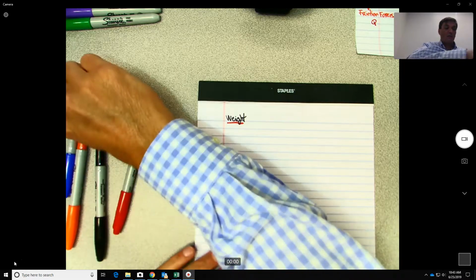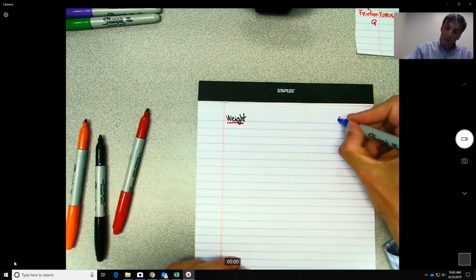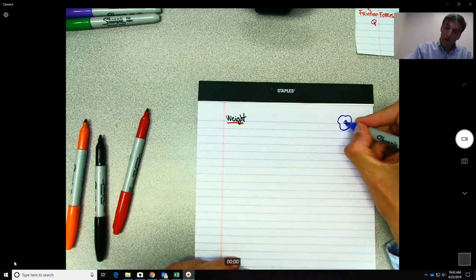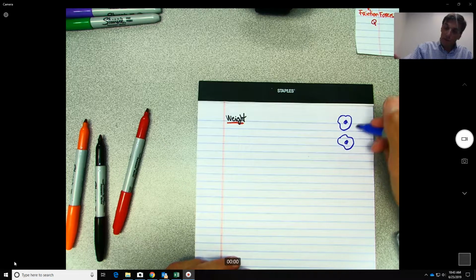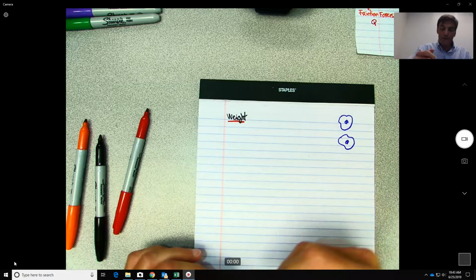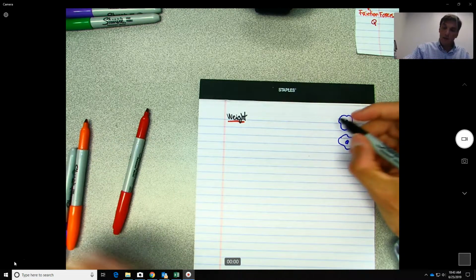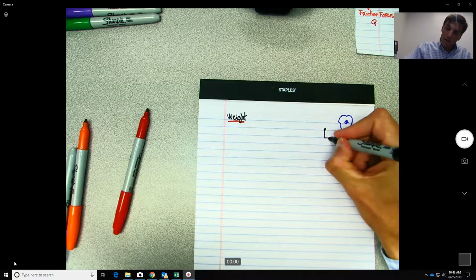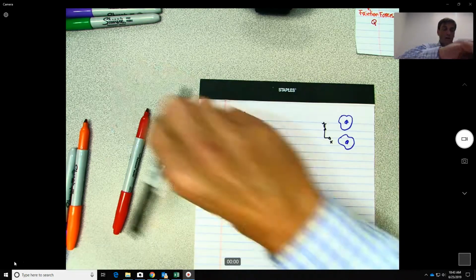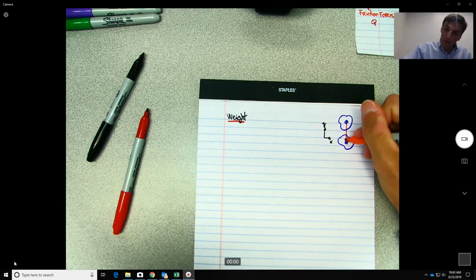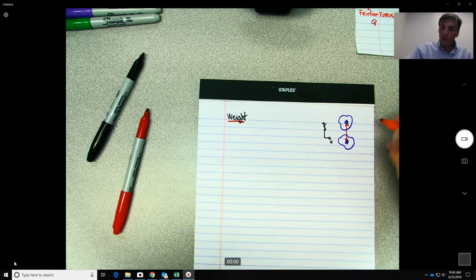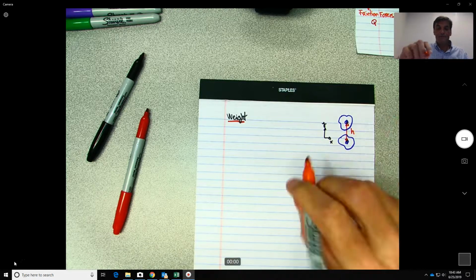So let's see, if we do a little figure over here, so let's say you have this object over here, you have a reference frame, X, Y, and basically you see there's a change in height over here. Alright, so let's say it will be H.